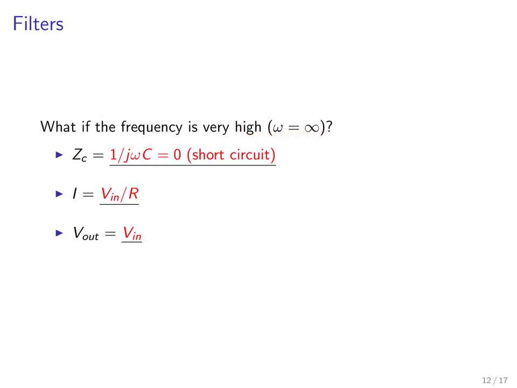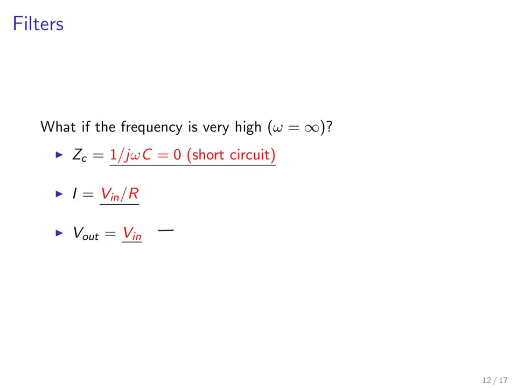At this frequency, the capacitor's impedance is going to be 0, right? Because 1 over infinity is 0. So we get a short circuit there. The capacitor just goes away. It's replaced by a short. And so now all of the voltage drops across the resistor, and the current is equal to V in divided by the impedance of the resistor, which is R, and V out is going to be equal to V in.